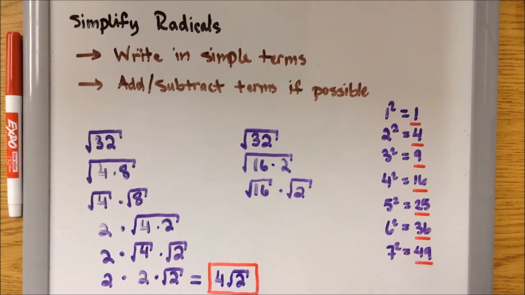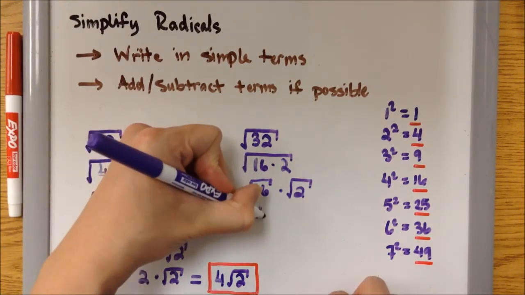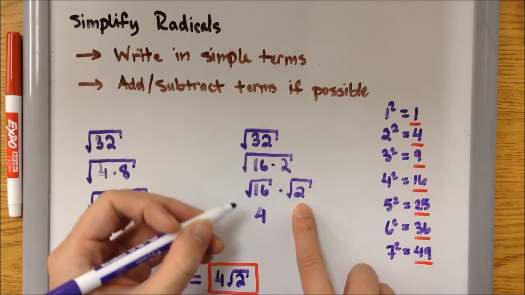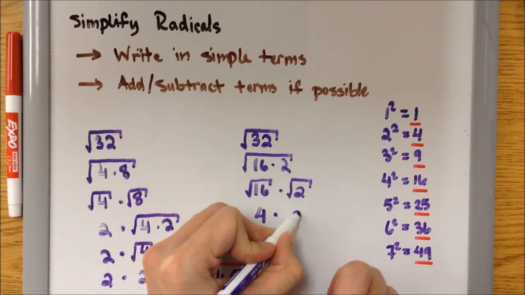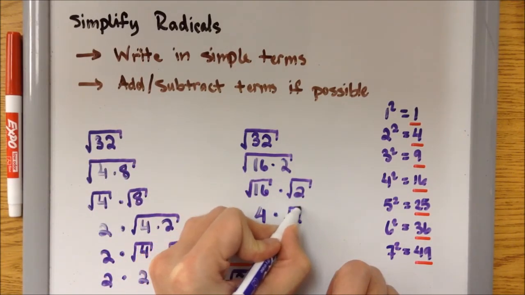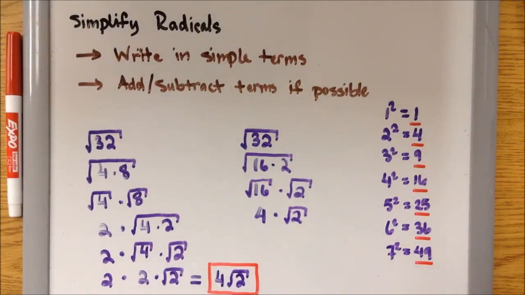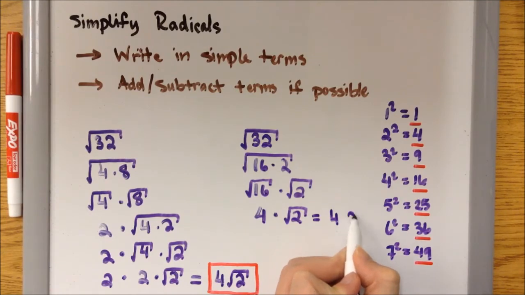So moving forward, you can find the square root of 16, which is just 4. Can't simplify it anymore for square root of 2, so I'm just going to bring it down. Then 4 times square root of 2 is simply 4 square root of 2.